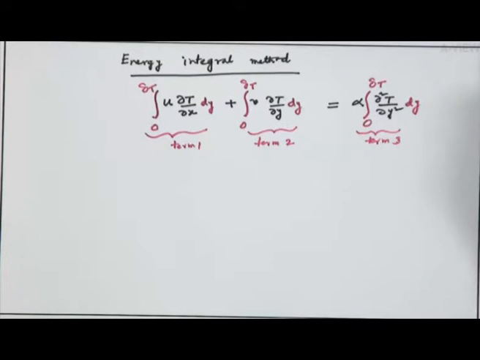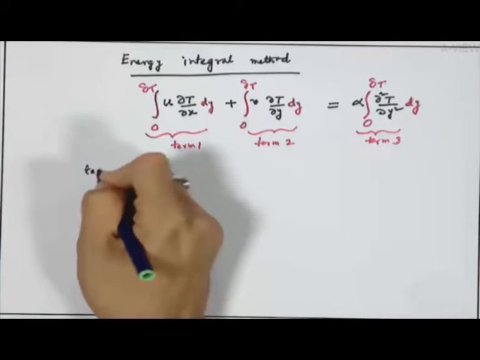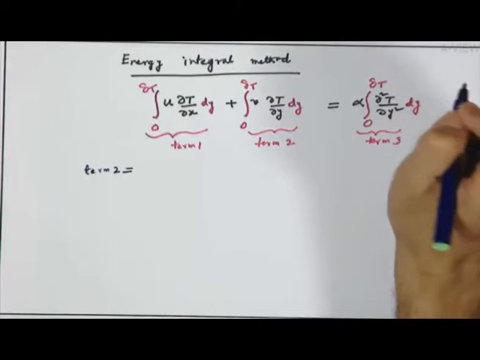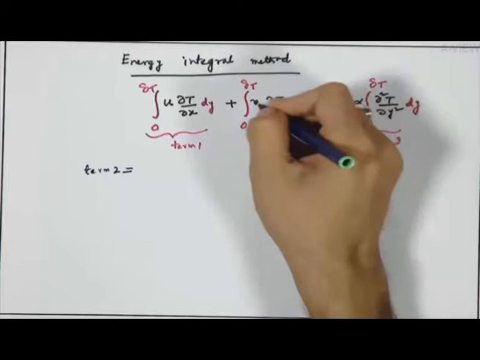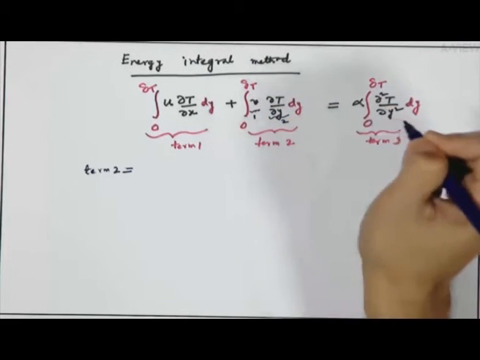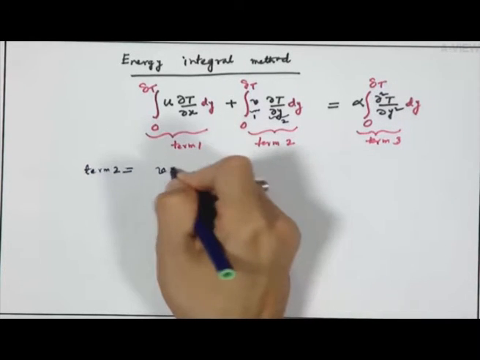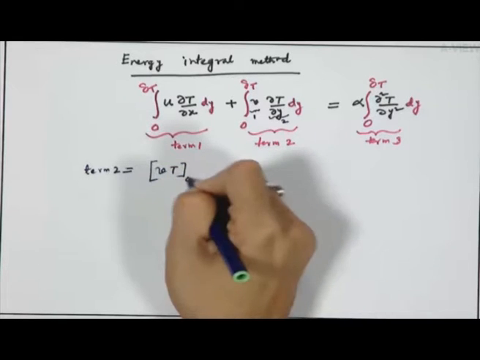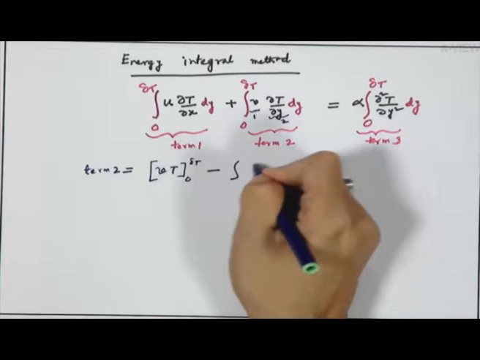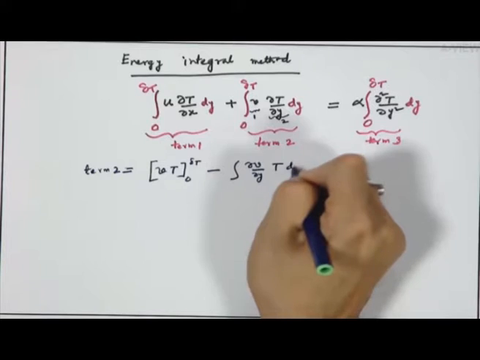Now we write term 2 first. We integrate term 2 by parts, where v is the first function and ∂T/∂y is the second function. So, first function into integral of the second, minus integral of derivative of first into integral of the second.